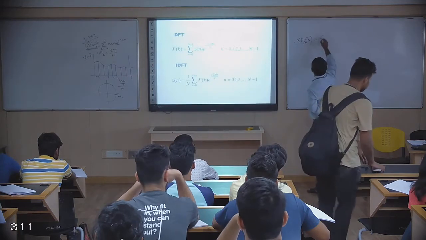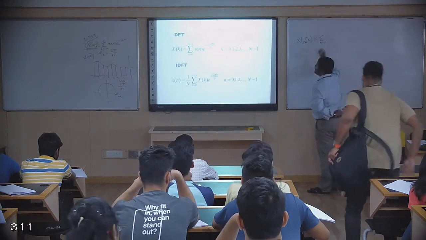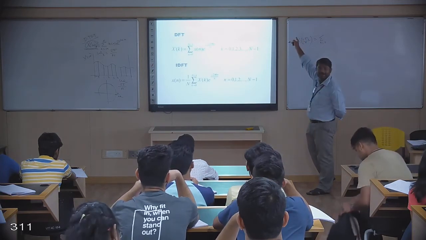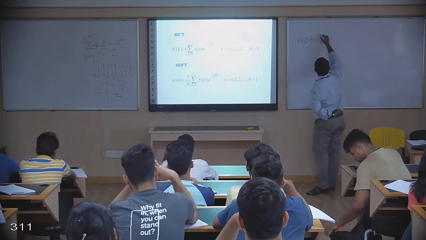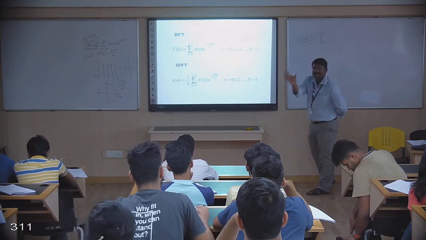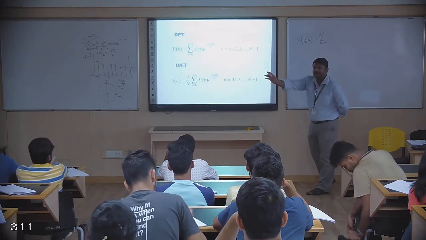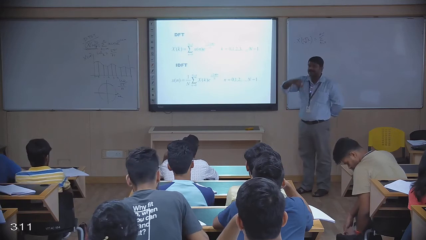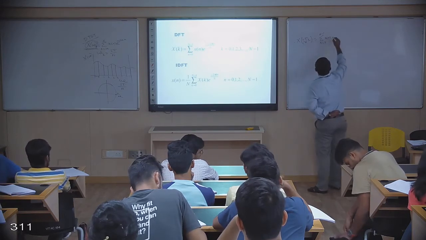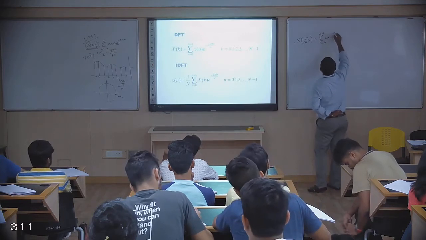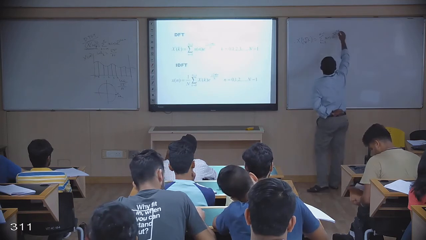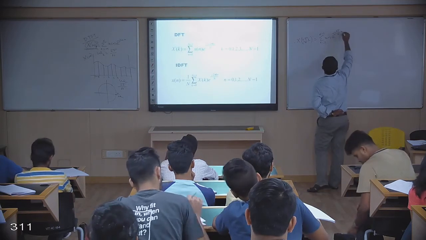So that will be summation here. It's not going to be minus infinity to infinity. Here it's going to be 0 to n minus 1, because I'm going to take only n points. The total number of points are going to be n. So when I start from 0, it will be n minus 1, x of n e power minus j. In place of omega k, we put 2 pi by n into kn.